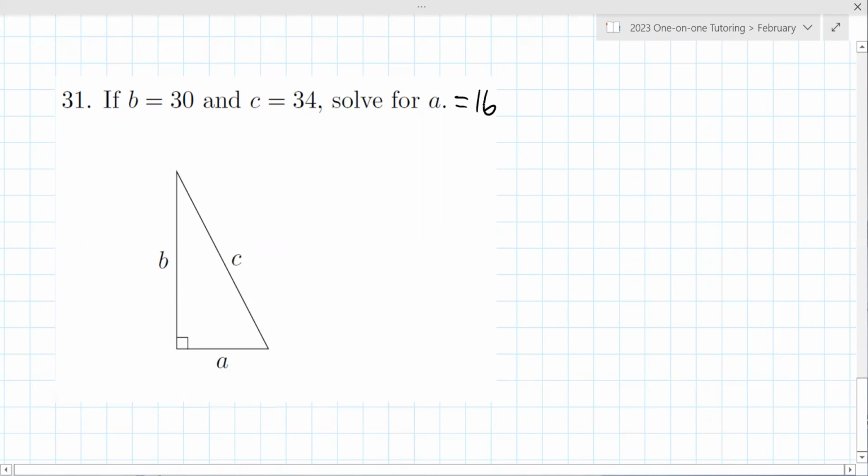Very good. Okay, so let's go back to your worksheet, and we'll find some that are just a tiny bit more difficult than this. Let's go back to number 2 on your worksheet.